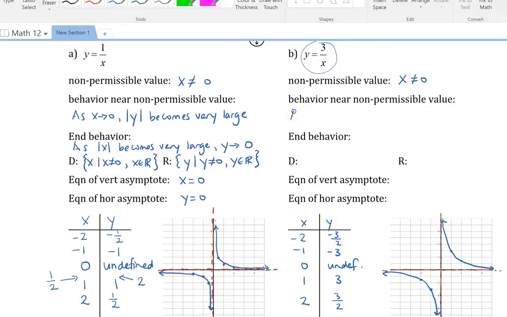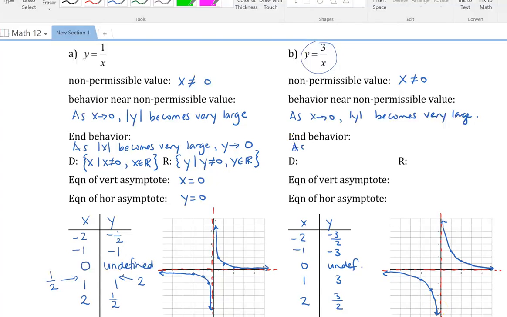So as x approaches 0, the absolute value of y becomes very large. And we can see that it's approaching very large y values and very large negative y values.